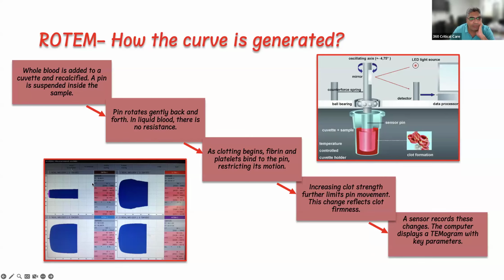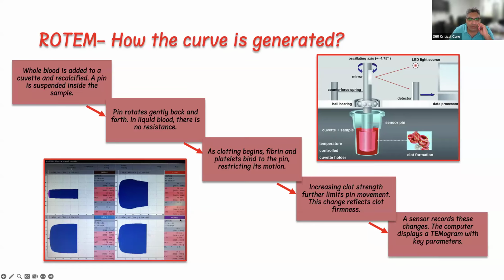In FIBTEM, you get more idea about fibrinogen as the factor of coagulation. The second is called the EXTEM. It represents the extrinsic pathway of the coagulation. The third one is INTEM, which represents the intrinsic pathway of the coagulation.